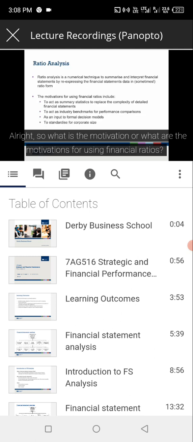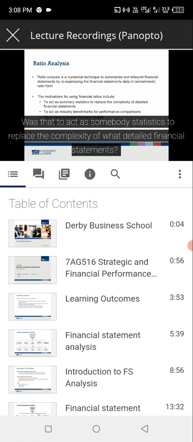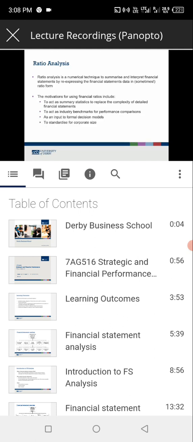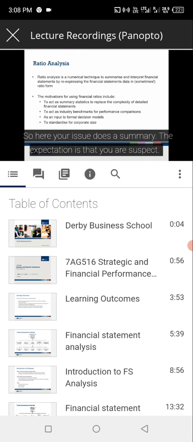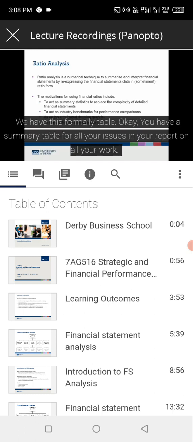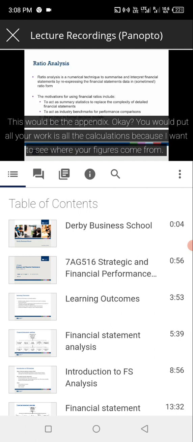All right? So, what are the motivations for using financial ratios? We said to act as summary statistics to replace the complexity of detailed financial statements. So here, your ratio will just be a summary. The expectation is that in your assessment, you will have a summary table for all your ratios in your main report, and all your workings will be in the appendix.